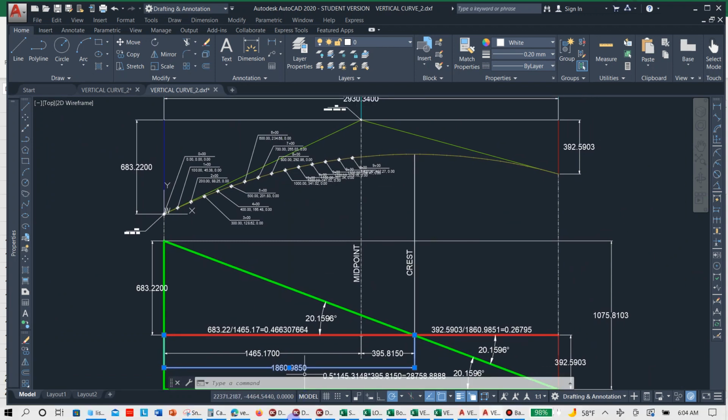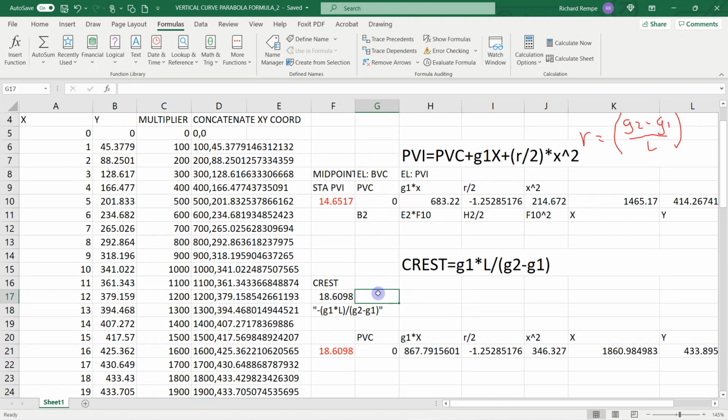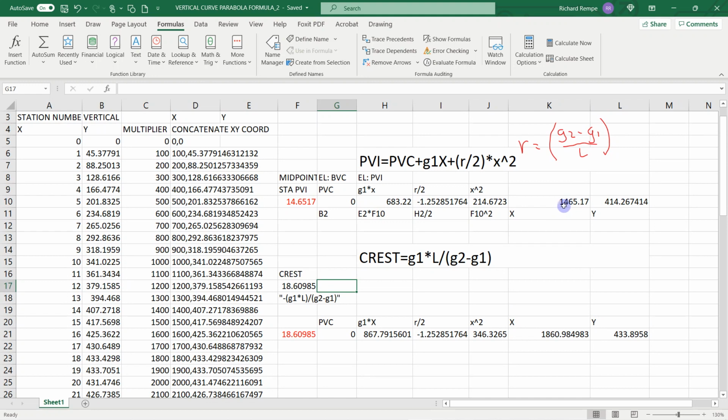And then if we go back to the Excel, you got PVI. Yeah, 1860. It's just station, so it'd be 1860 feet, but it's 18.6.